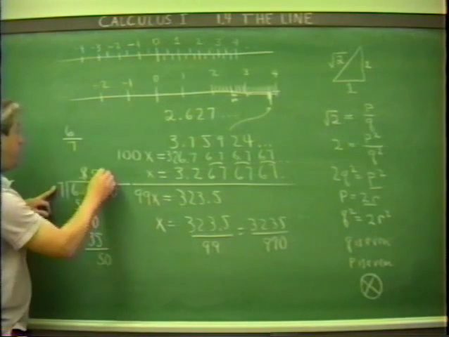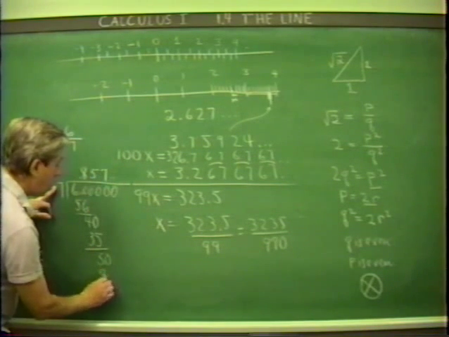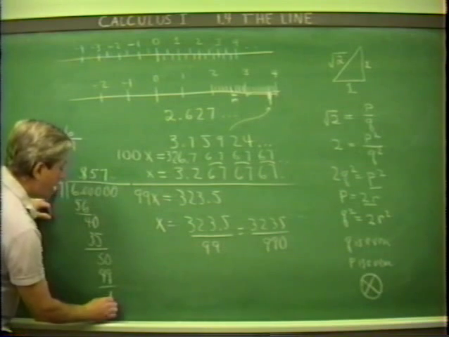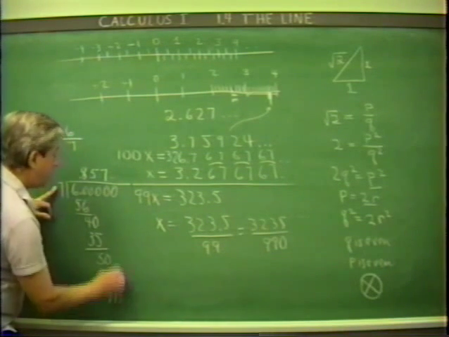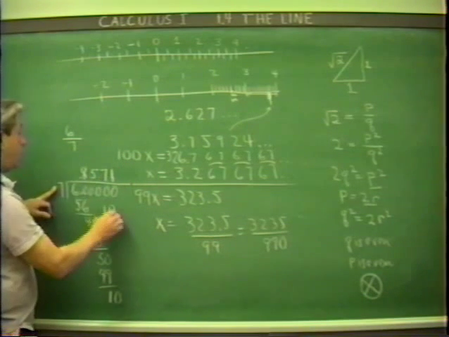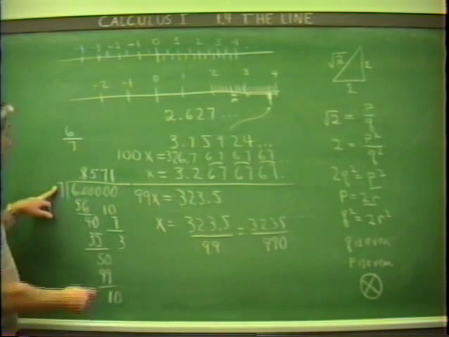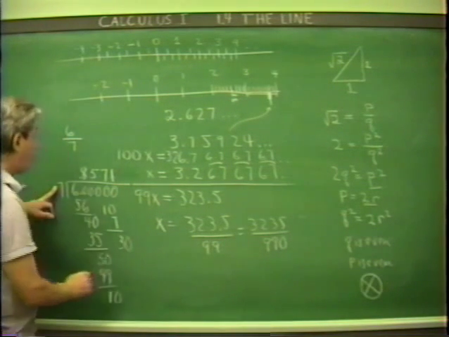Subtracting here, we get 50. 7 into 50 is 7. We get 49. Subtracting, we get 1. 7 into 10 is 1. 1 times 7 is 7, and subtracting we get 3.